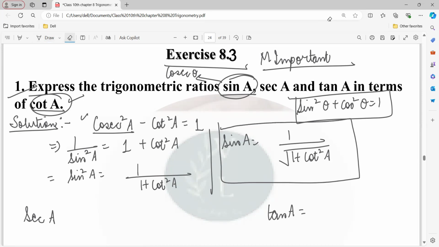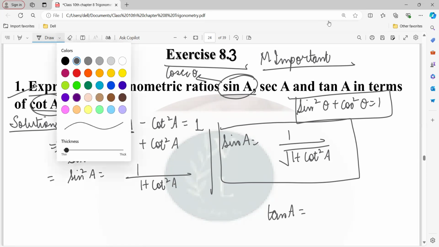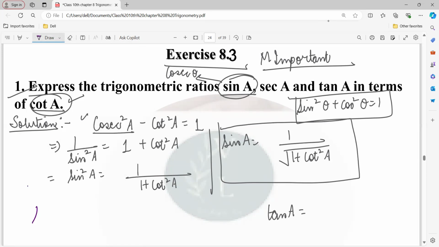Wonderful. Next, we have to find the value of secant A in terms of cot A. That means we'll use an identity where we can find both secant and cot. We have the next identity: secant square A equals 1 plus tan square A, where tan is the reciprocal of cot. So again we have both secant and cot.